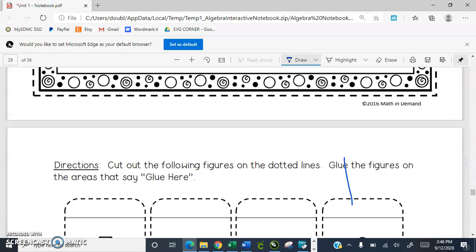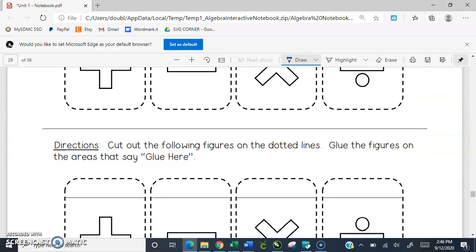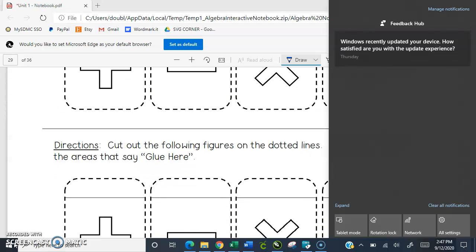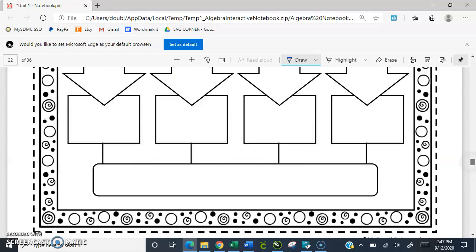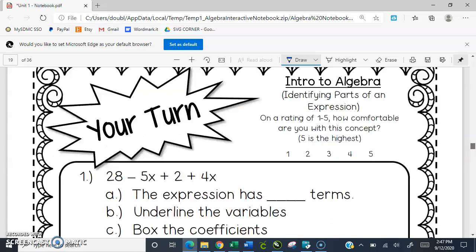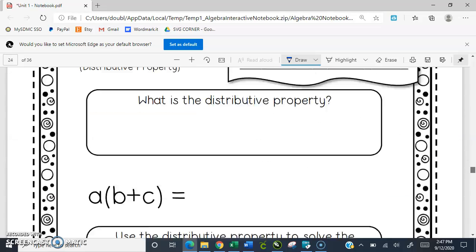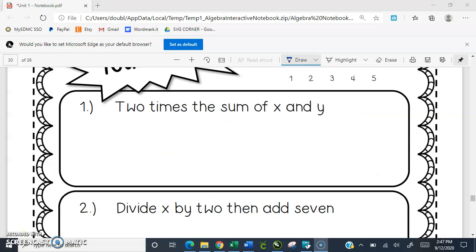All right, let's go to the 3 questions. The first problem says 2 times the sum of x and y. So let's circle everything that's important that tells us what our operation is. So we have times and sum.